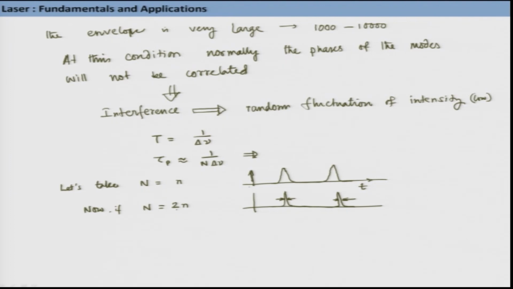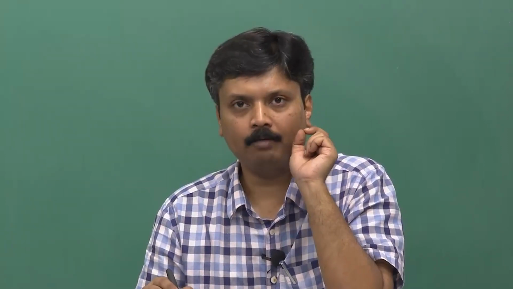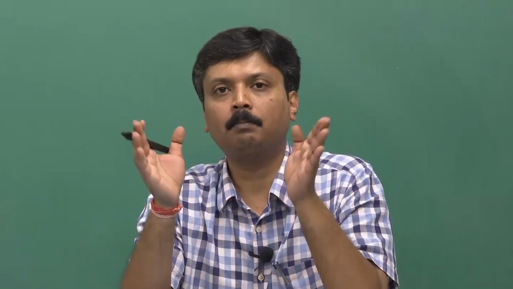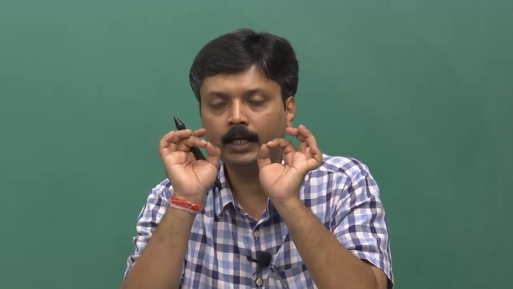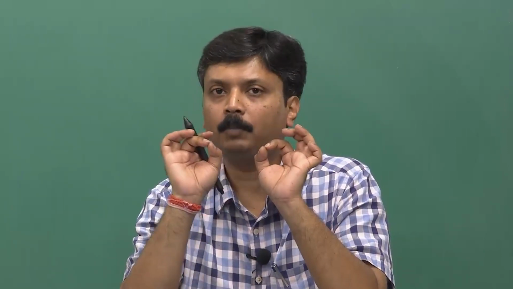This is the effect of the number of modes. So, for example, if I can increase the number of modes in the cavity, by my own design, by simply adjusting the cavity length, then for more number of modes, my pulses will be shorter and shorter and shorter. This is one trick that one can use to make ultra short pulses.